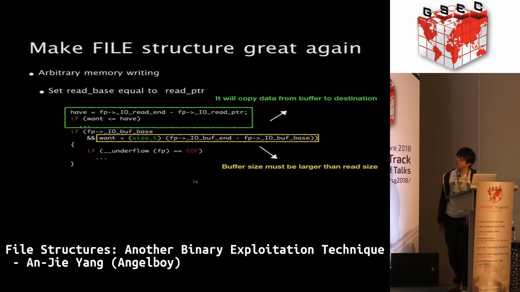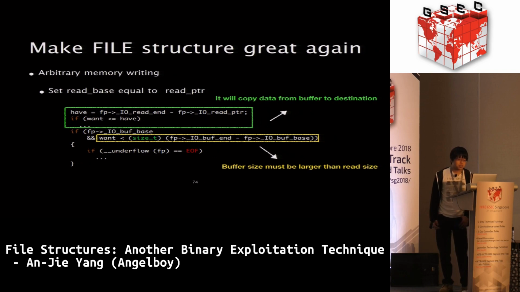Let's take a deeper look again. Why do we need to set read base equal to read PTR? If we don't set it, glibc will think that there is still data in the buffer that must be written first, and we cannot write our data into this destination.